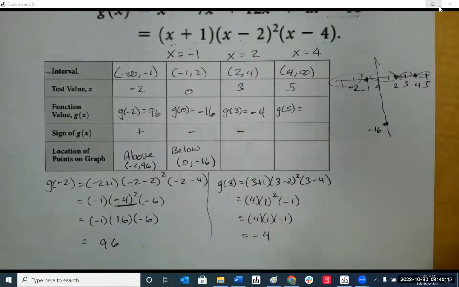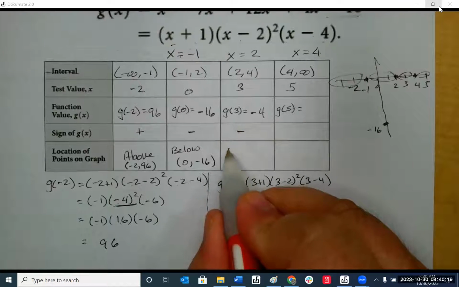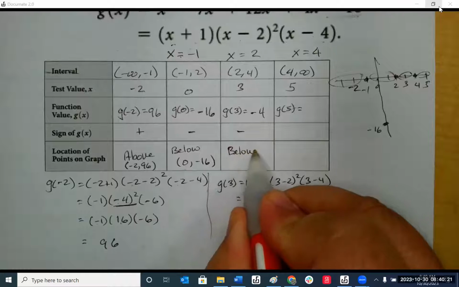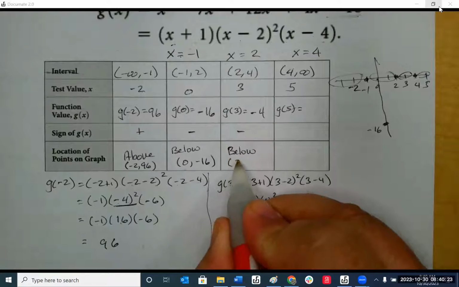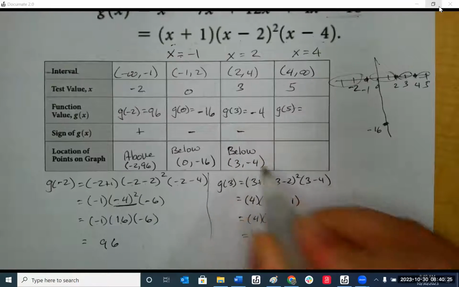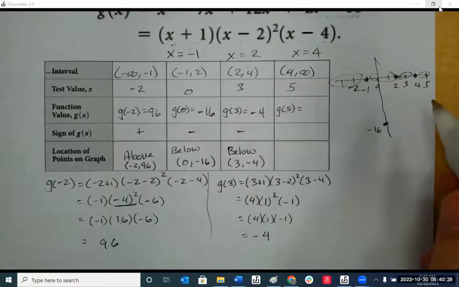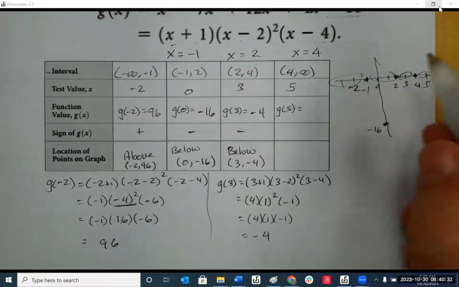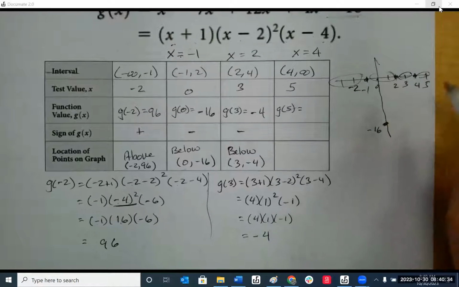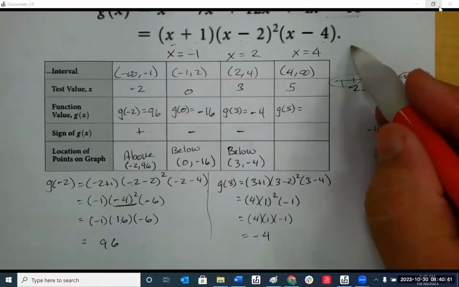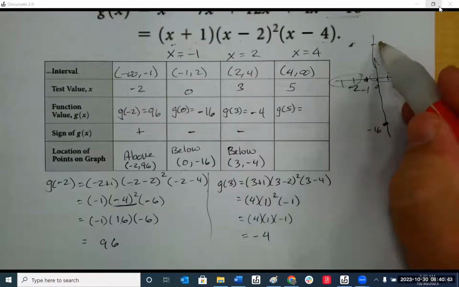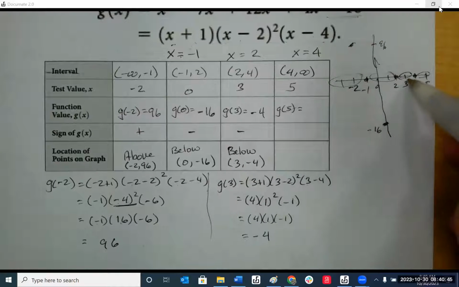It's negative, so it's below the x-axis. It's at 3, -4. At 2, it's 96. At 3, it's -4.